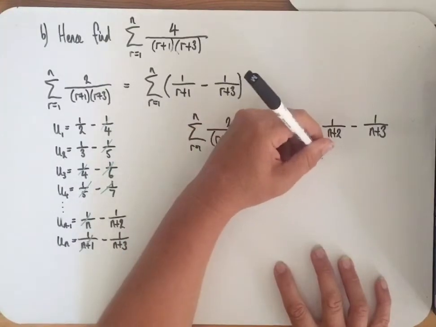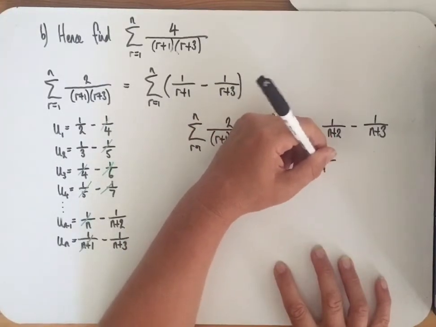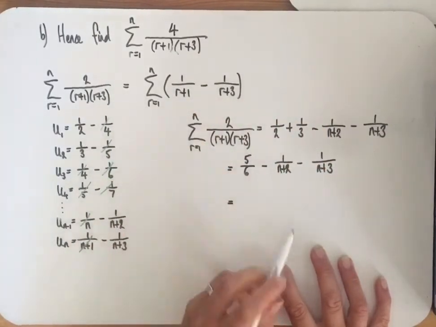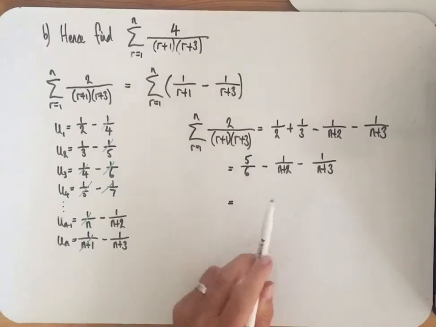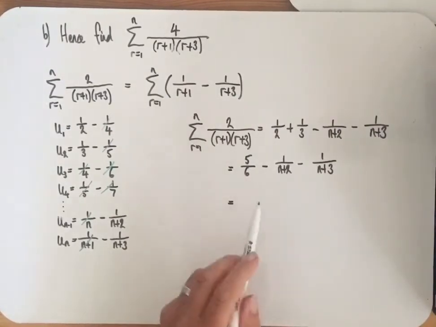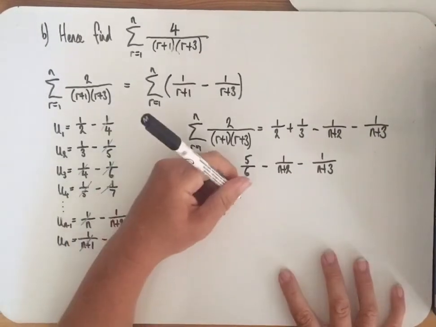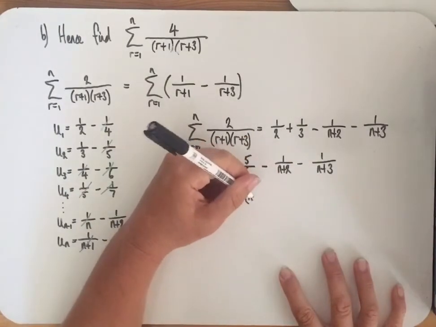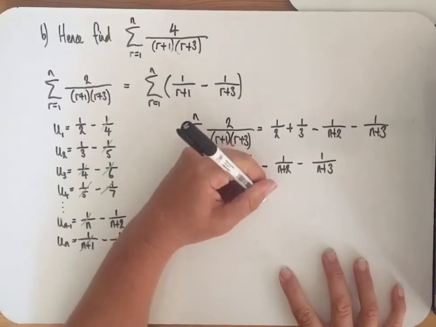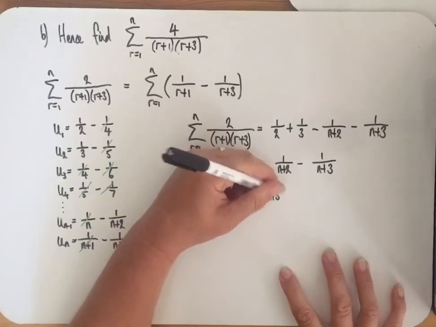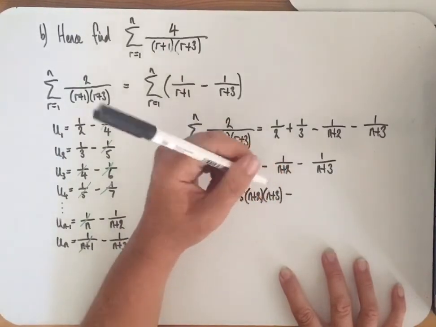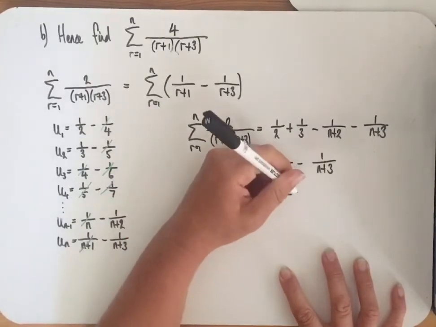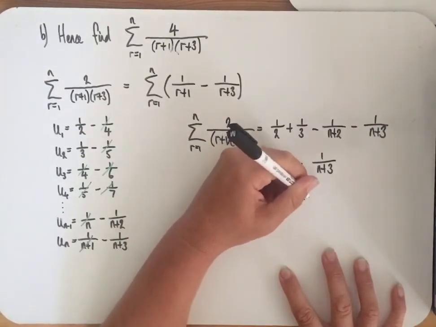And then if you want to get that over one fraction, we need a common denominator. The lowest common multiple of these is going to be those 3 multiplied together. So I need to times the 5 by (n+2)(n+3). Minus 1 lots of 6(n+3).